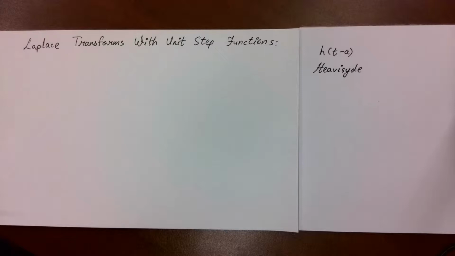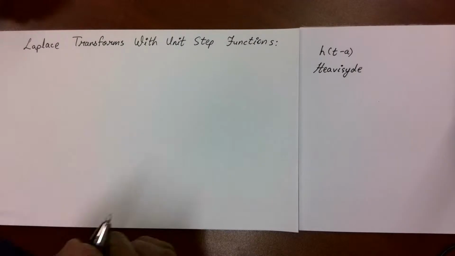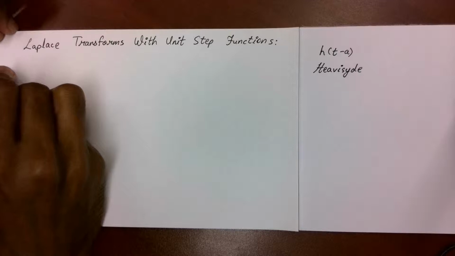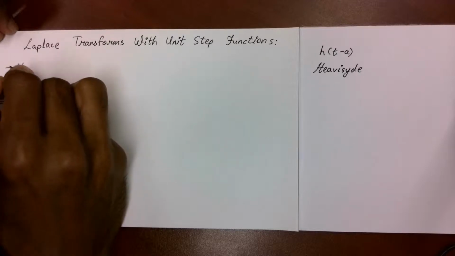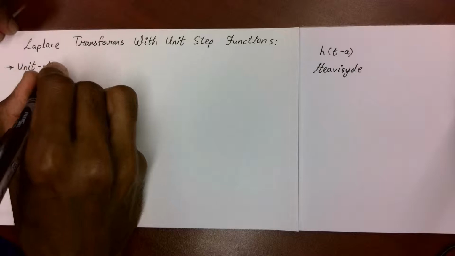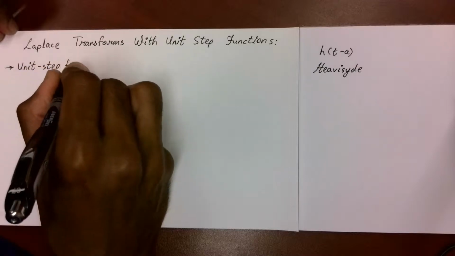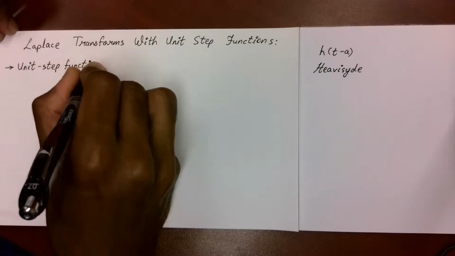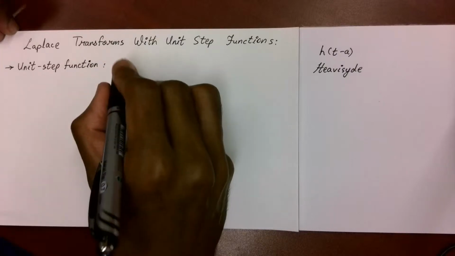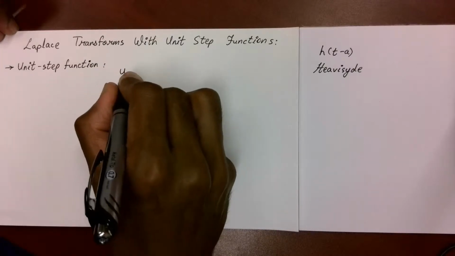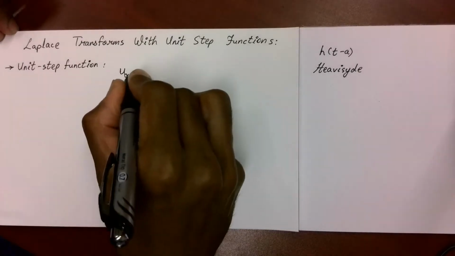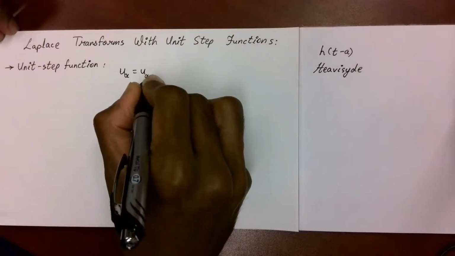The notation I'm about to use is as follows. So here is our simplest unit step function. We're going to denote that by u with a subscript of alpha, and this is a function of t.